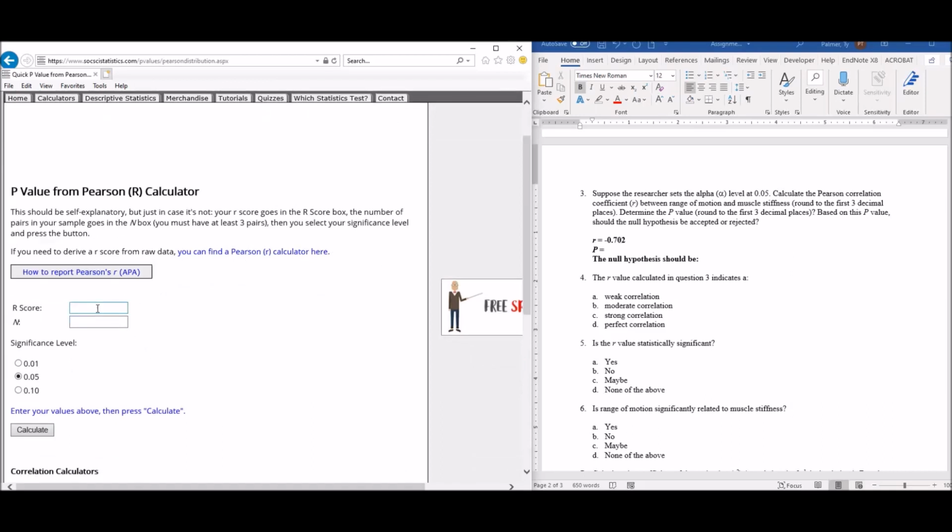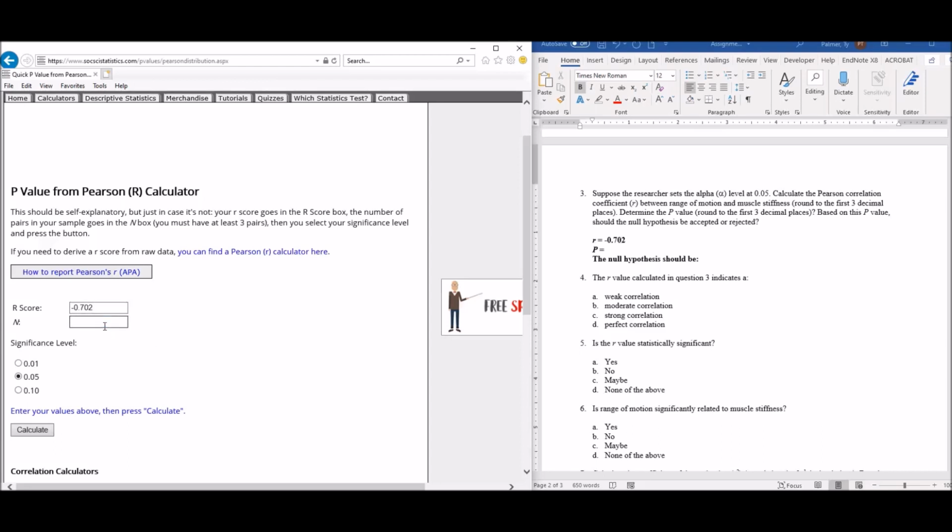The R score, and I know it's a capital R here, and we talked about Pearson R, it's a lowercase r, italicized. Basically on this website, it means the same thing. It's looking for that lowercase r score, and that's where we're going to input it. So the Pearson R value that we just calculated in Excel, that's what we're going to put here for the R score, the R value. So I'm going to type it in, negative 0.702.